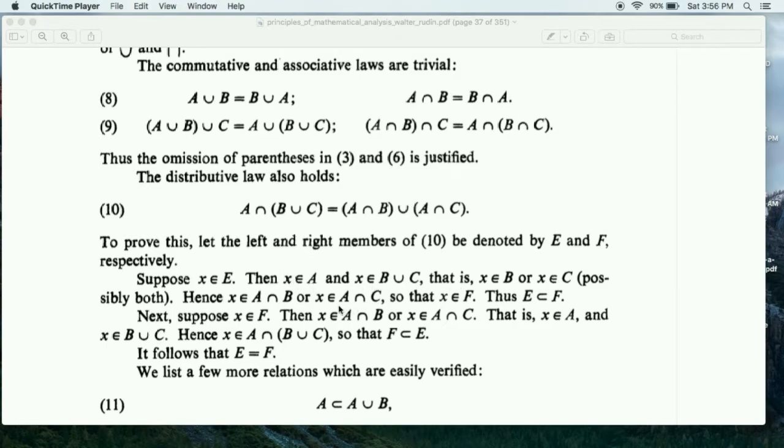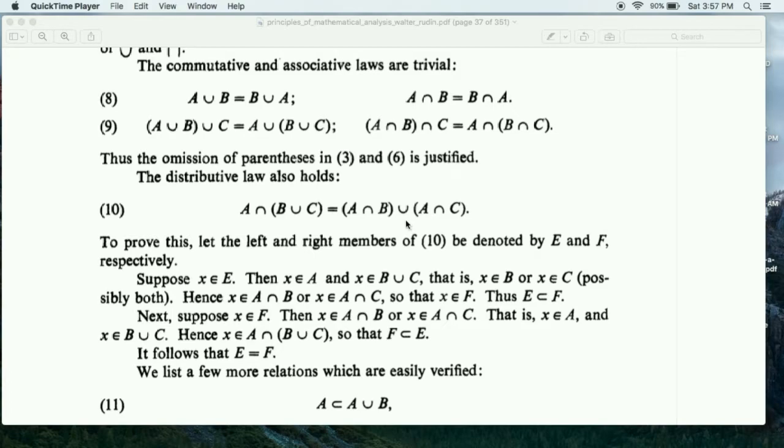So, by parsing this English sentence into a mathematical sentence, X belongs to A and X belongs to either of B or C is the same as X belongs to A and B, or X belongs to A and C. So this means that X belongs to the right hand side F. So E is a subset of F. Again, proving the other way, we suppose that some arbitrary element X belongs to the right hand side F. This means that X belongs to either A intersection B or A intersection C. That means that X has to belong to A because it belongs either here or here.